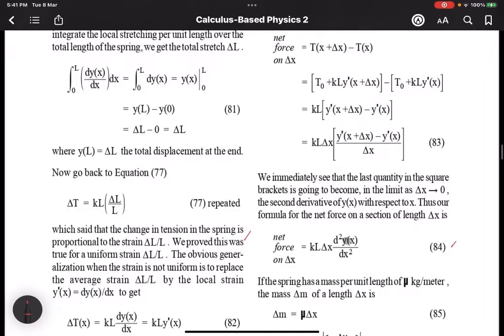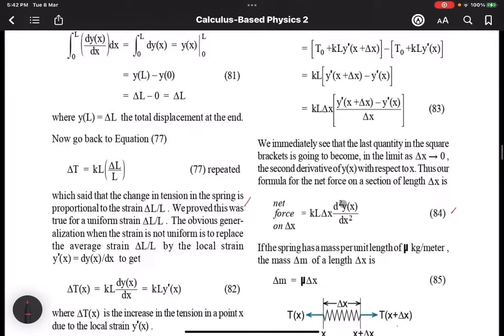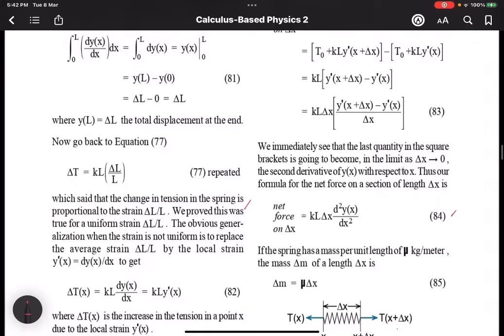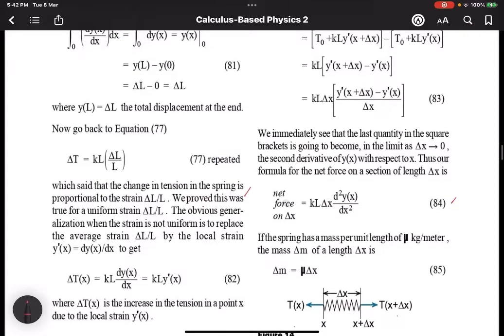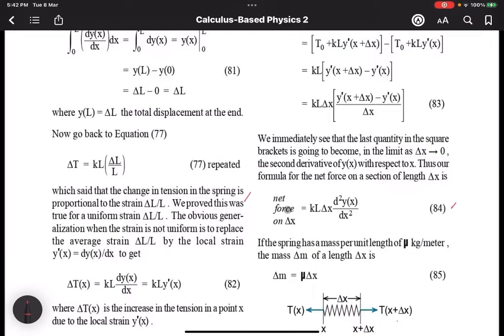Kung natatandaan nyo ba, this is the formula for our second derivative. Ayan, kita nyo, ayan. The second derivative of Yx with respect to X. The net force is the second derivative. So, this is the same way as saying na this is the acceleration. No?